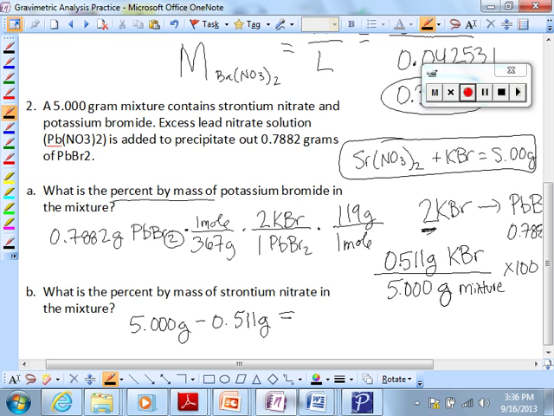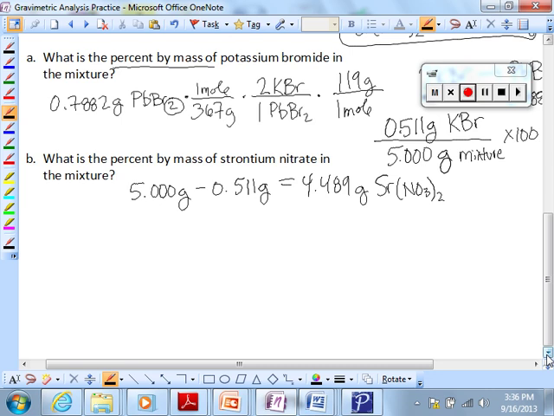So 5.00 minus 0.511 is 4.489 grams of the strontium nitrate. Again, they want the percent, so I'm going to do 4.489 grams divided by total mixture times 100. 4.489 divided by 5 times 100, get 89.8% for the strontium nitrate.